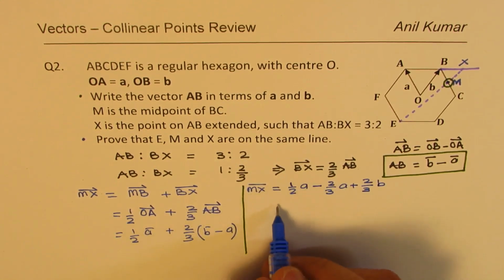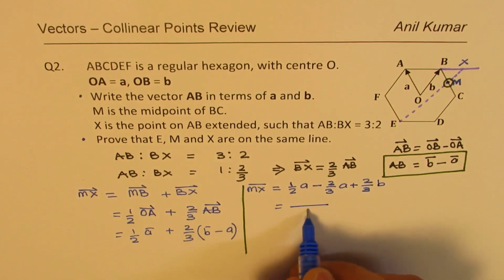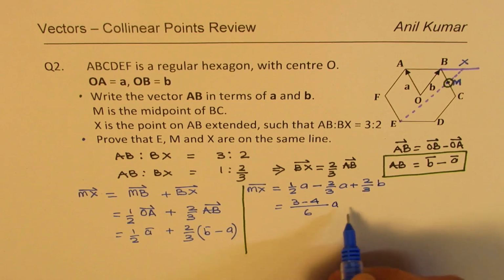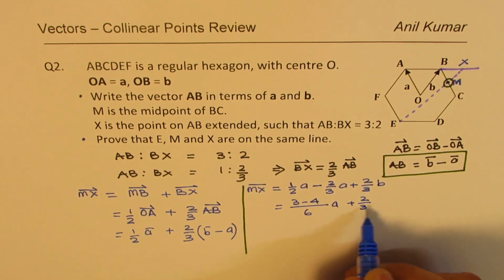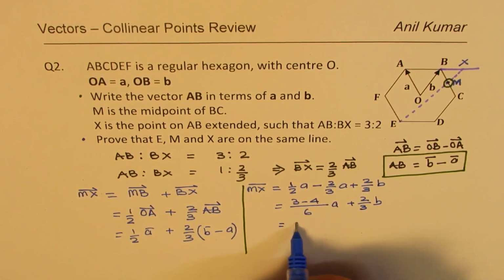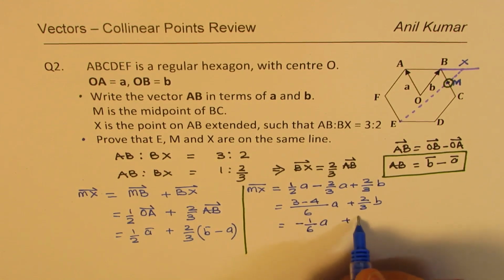You can combine these terms. 6 becomes the common denominator. Cross multiplies 3 minus 4, right, of A plus 2/3 B. So that gives you minus 1/6 of A, and this is 2/3 B.